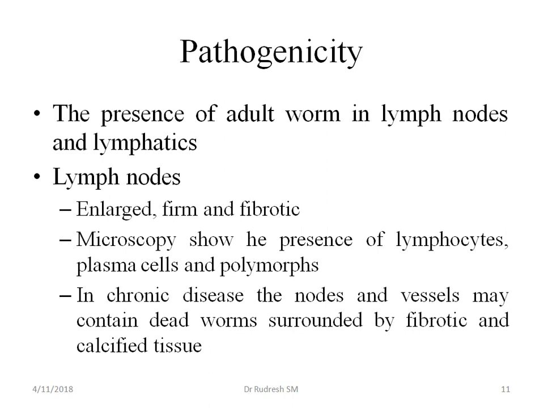Once they are there, the lymph nodes get enlarged, they become firm, and after some time they may go for fibrosis also. On microscopic examination, you can see the presence of lymphocytes, plasma cells, and polymorphs also. In chronic disease, the nodes and the vessels may contain the dead worms surrounded by fibrotic or calcified tissue.